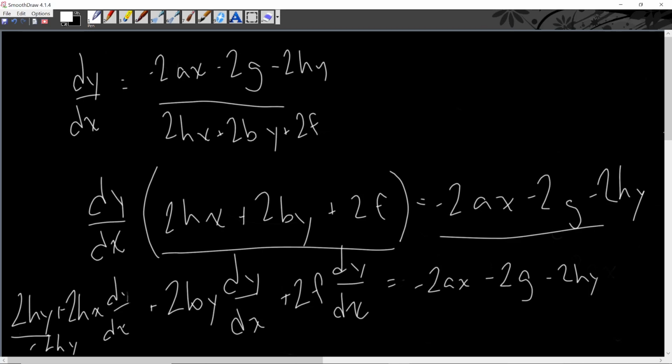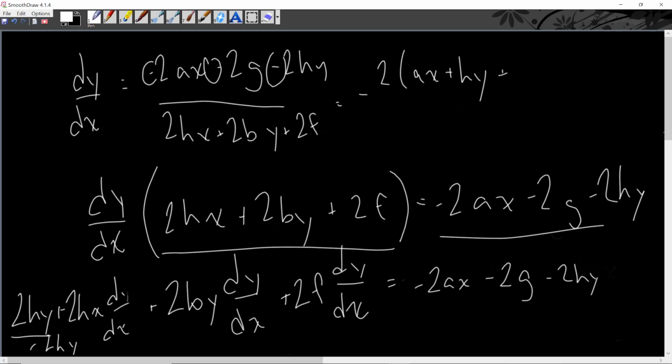And again, each of these terms has a 2 in it, so we're going to factor out that 2. And we can also factor out this negative, because there's 3 of them. We'd have negative in the front, negative 2(ax plus hy plus g). I'm going to arrange it the way this answer is written on this Google question.